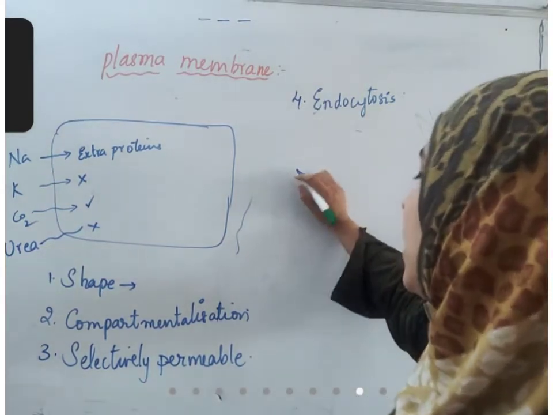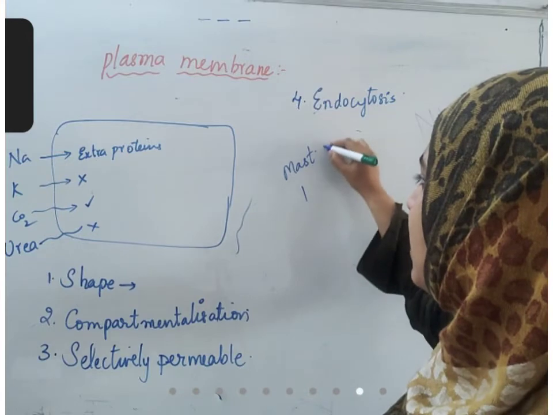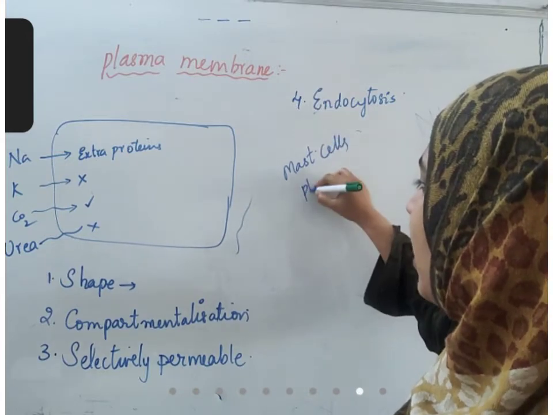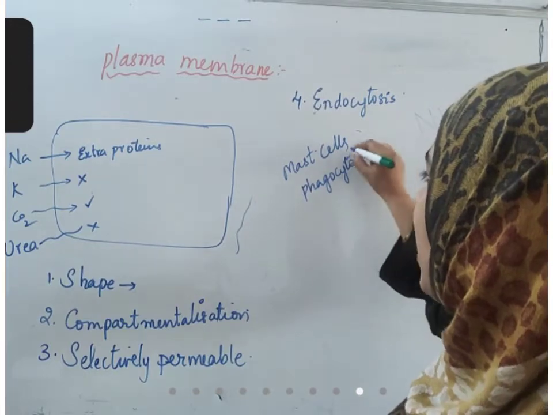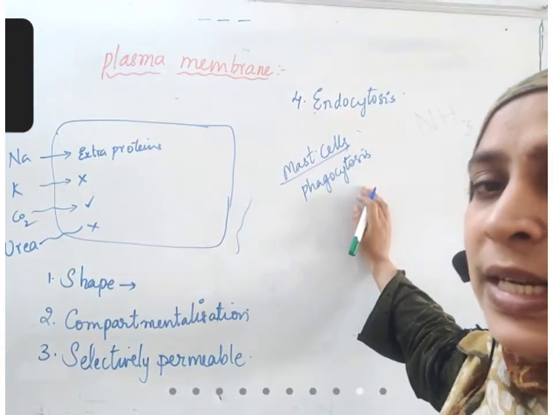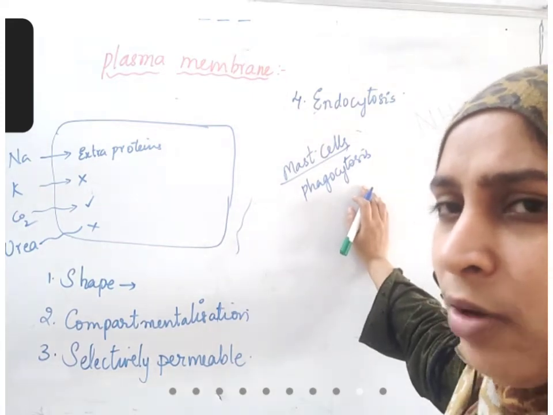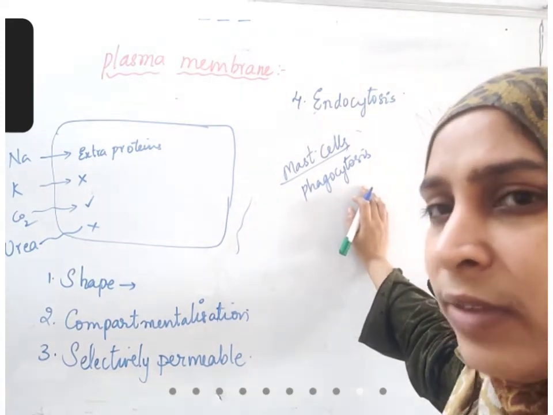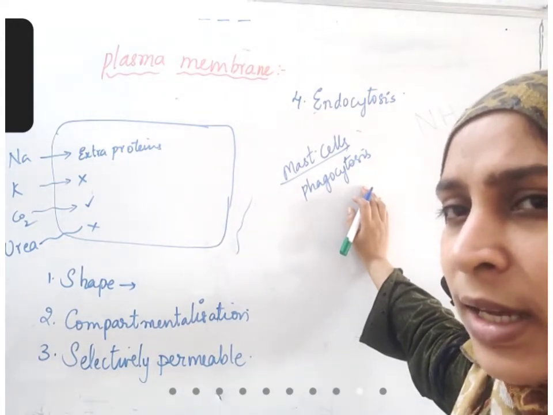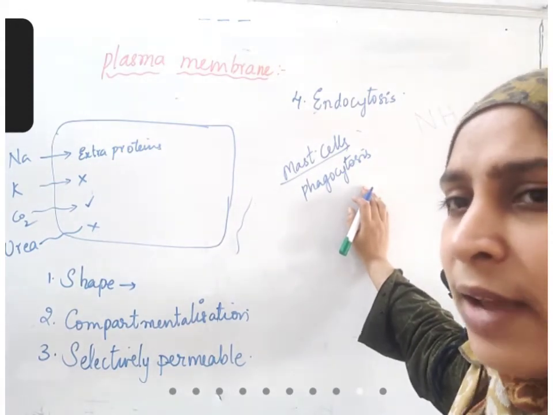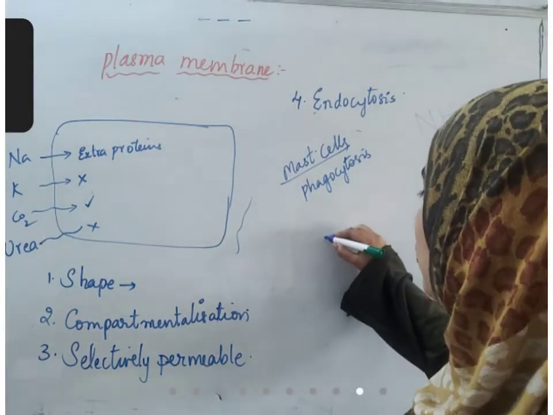Some cells, like mast cells in our body, have the capacity to perform phagocytosis. Mast cells are present in every tissue and every organ of our body. So kidneys have their own mast cells, liver has its own mast cells, lungs have their own mast cells. These cells are specific for phagocytosis.